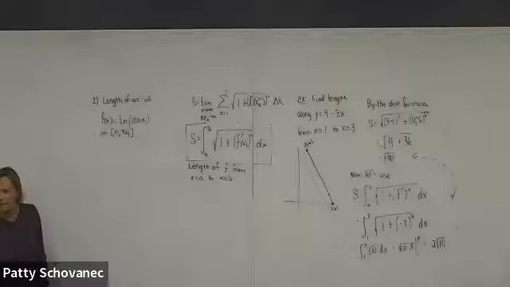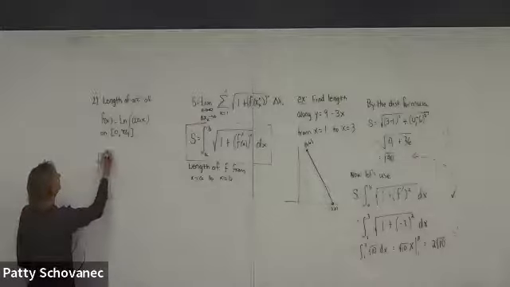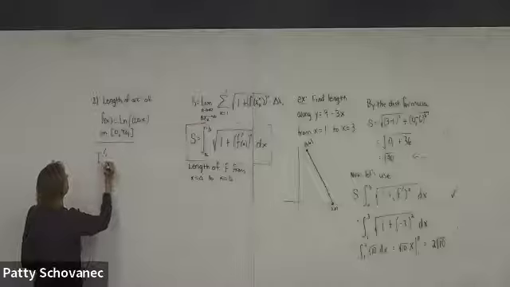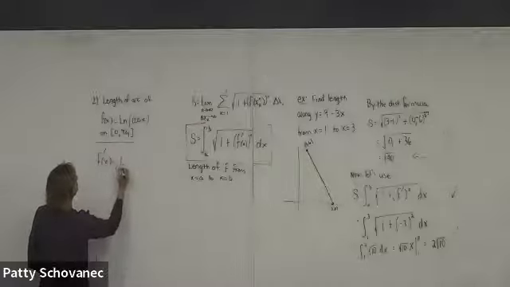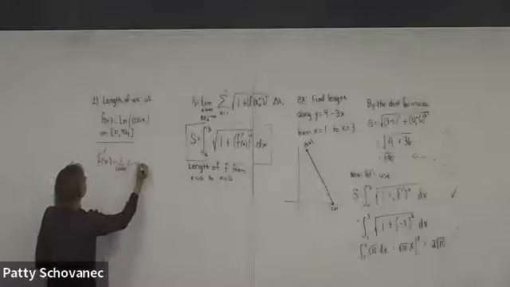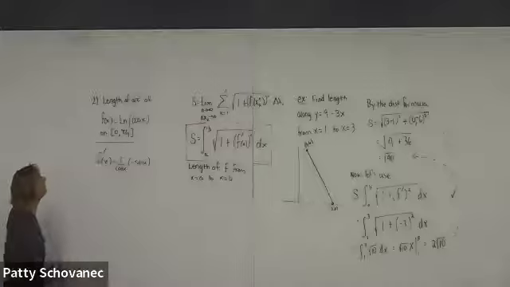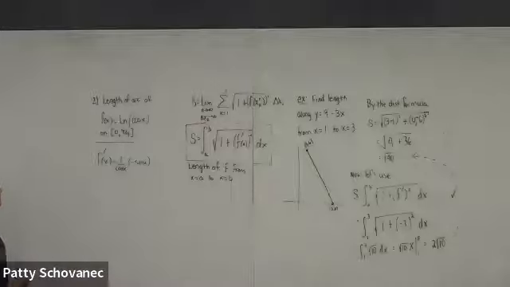We'll need the derivative of that. Can somebody take the derivative of that function? 1 over cosine of x times negative sine x, which gives us a negative tangent. Sine over cosine is a tangent.